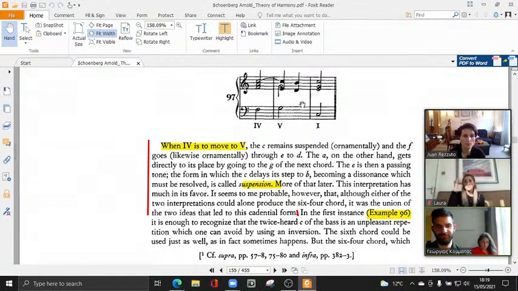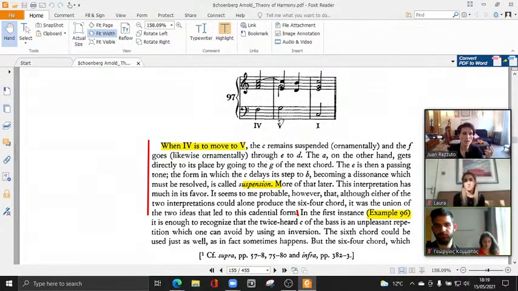Remember, counterpoint came first. By the addition of more voices, harmony came to exist. But this is exactly the 3 by 4 suspension, only bass and soprano.